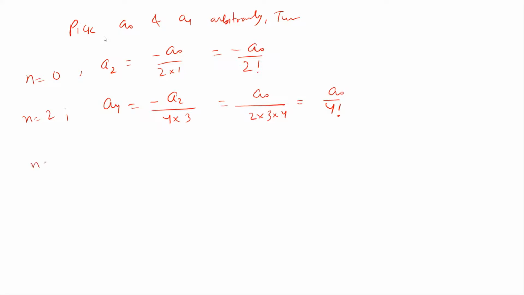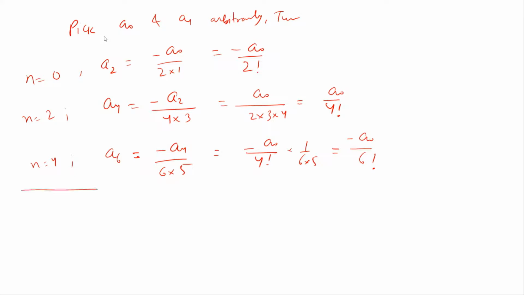For n = 4, a6 would be equal to −a4 by 6·5, that is −a0 upon 4 factorial times 1 by 6·5, that would be −a0 by 6 factorial.